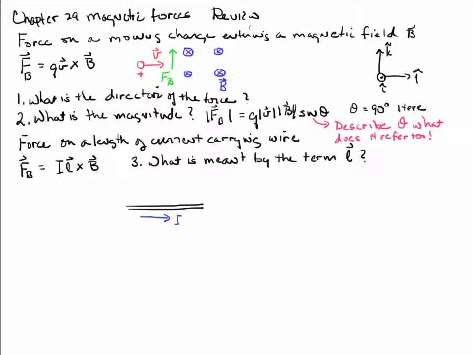Go ahead, pause the video and write down your answer. Well, L as a vector simply means, one, the magnitude of L is the length of the current carrying wire that's in the magnetic field. And the vector portion indicates the direction of current flow.